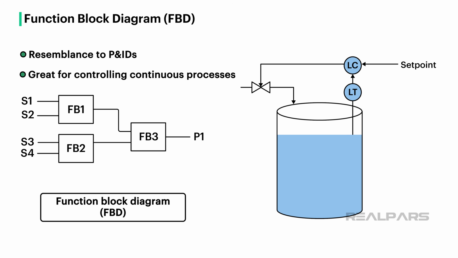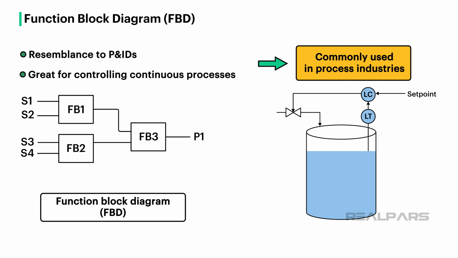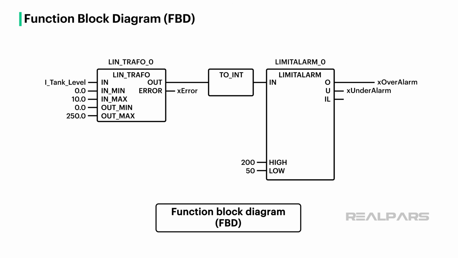Because of its resemblance to P&IDs and its ability to easily control continuous processes, FBD is commonly used in process industries. In this example, you can see a snippet of FBD, which is being used to monitor the level of a tank. In this case, analog input from the filling valve is scaled to an engineering value.